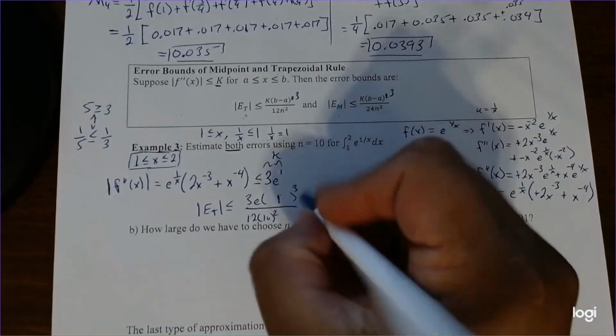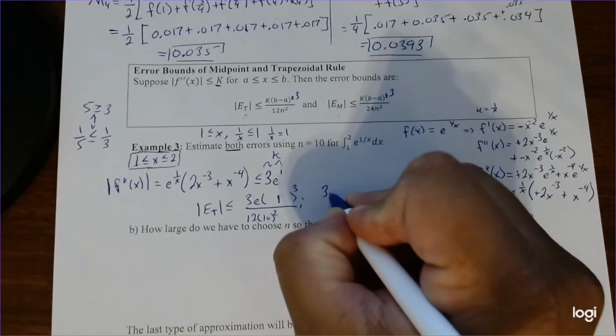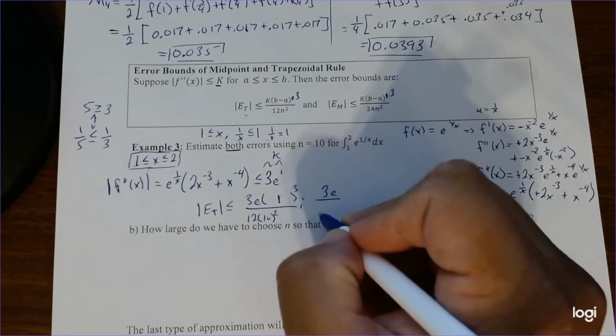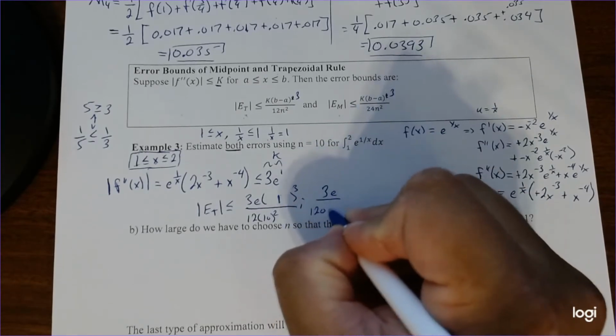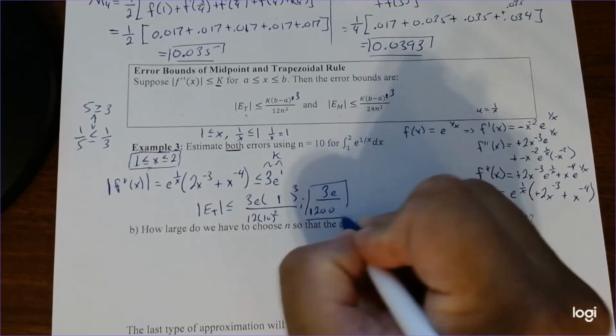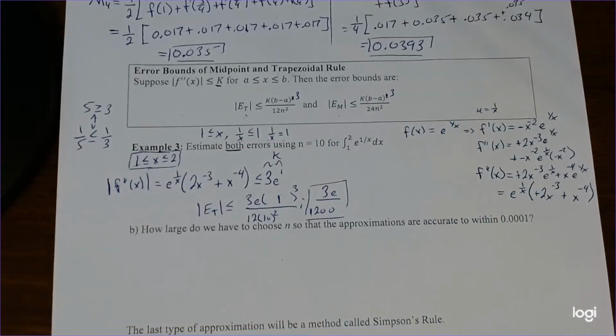Or essentially, this is just 3e over 1200.